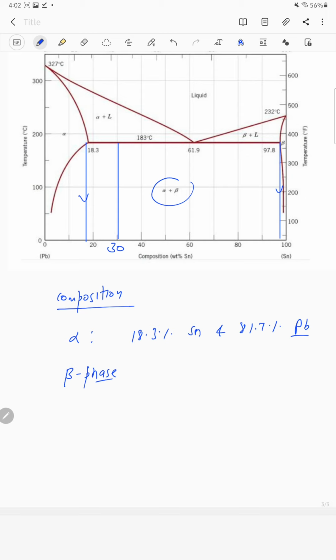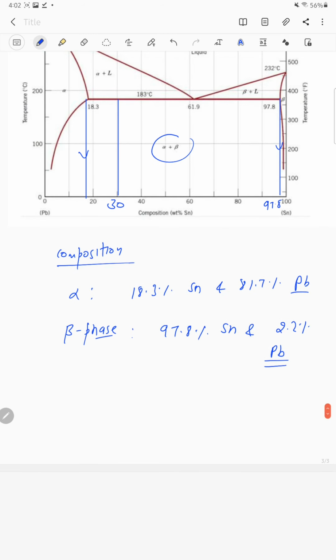For the beta phase, we can see from here, this is 97.8% Sn and the remaining amount 2.2% Pb. This is the composition. We have found the composition of alpha and beta.